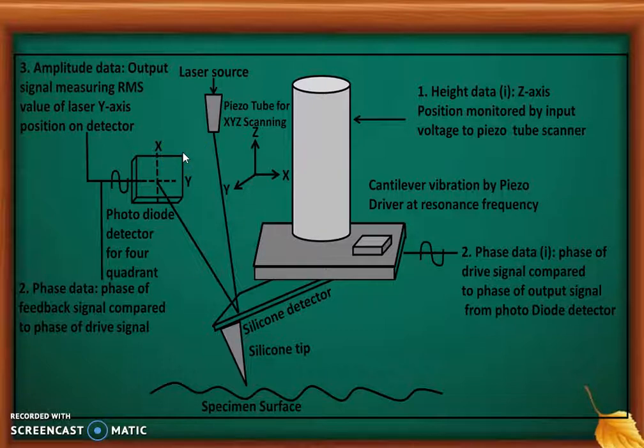The output signal measuring the RMS value of the laser along the y-axis position on the detector is measured, and that is basically the representation of amplitude data. The photodiode detector is a quadrant type. The phase of the feedback signal is compared to the phase of the derived signal, and in this way phase data is monitored and recorded accordingly.